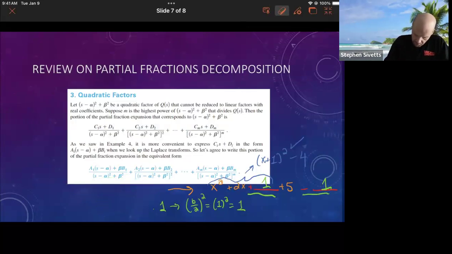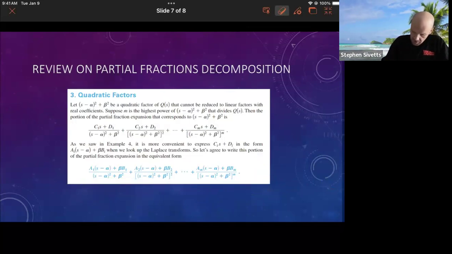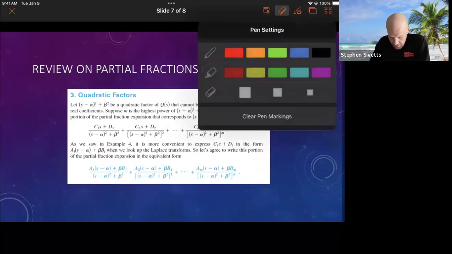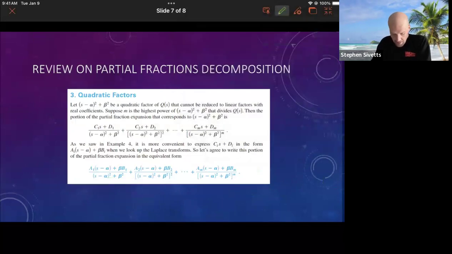But really, let's go over the method where we have an irreducible quadratic factor occurring in the denominator of the function A of s over Q of s. So they represent the quadratic factor as s minus alpha squared plus beta squared.